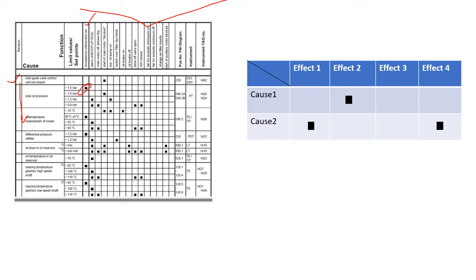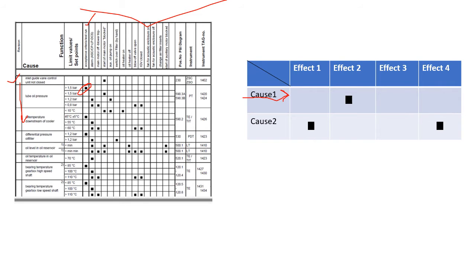For a zoomed in version, please look into this. As you can see, I have mentioned two causes here, and for these two causes there is a possibility of four effects. Now for cause 1, there is no effect 1. Effect 2 is there, but again there is no effect 3 and effect 4.